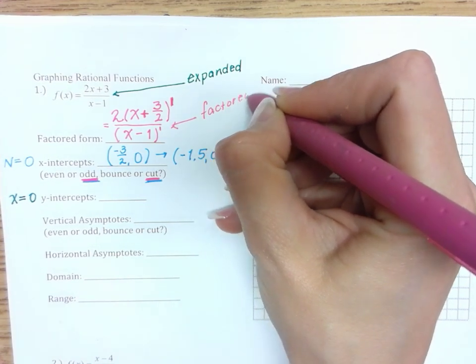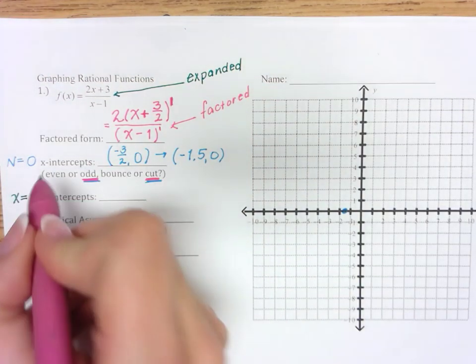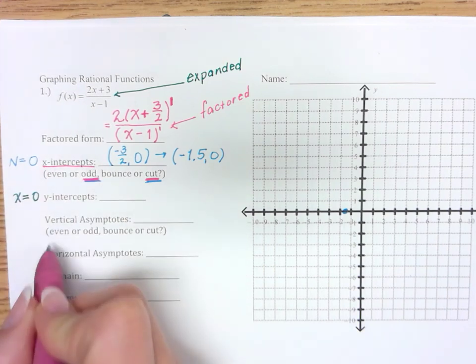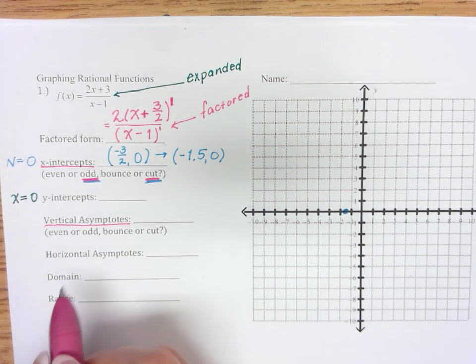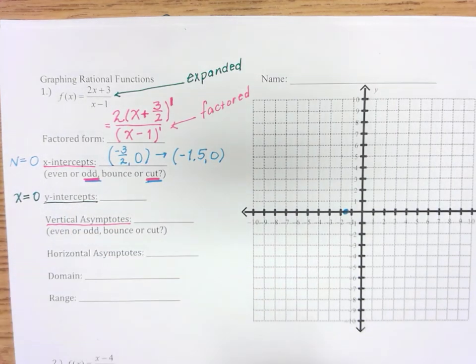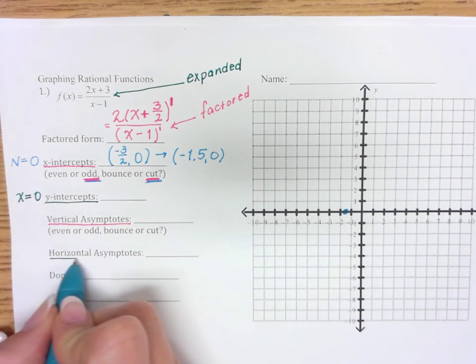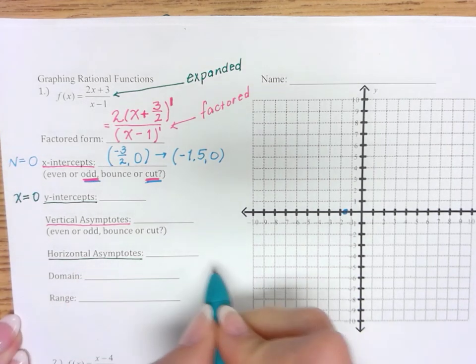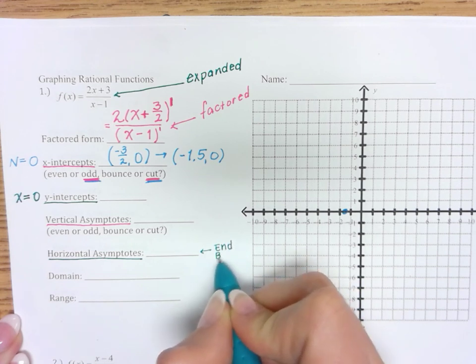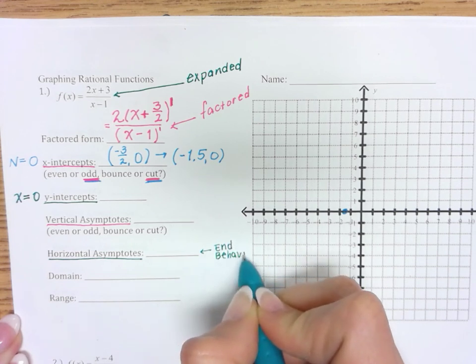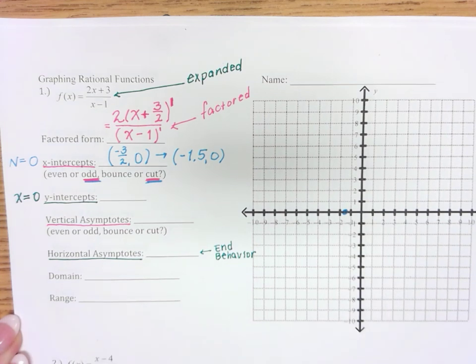Two different forms of the same equation. X-intercepts, we like factored form. Vertical asymptotes, we like factored form. Y-intercepts, we like expanded form. Horizontal asymptotes, which is also our end behavior. Here we like the expanded form.